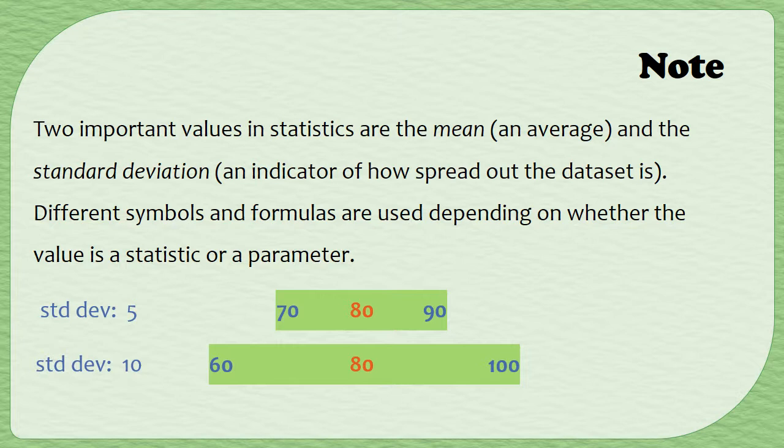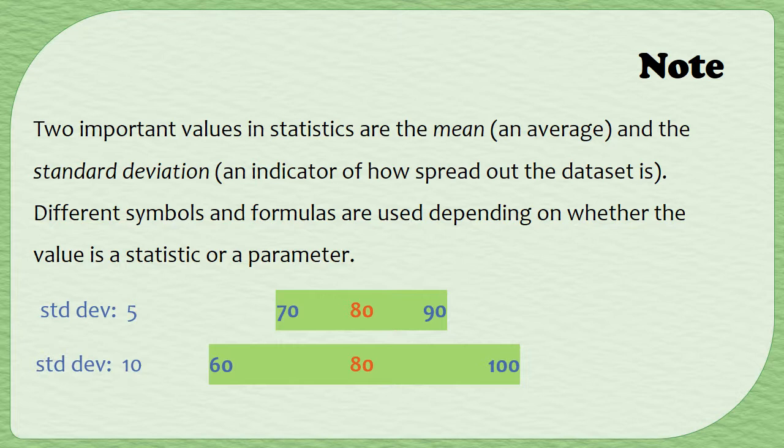And when we look at these measures in the future, we're going to be looking at the formulas, and one of the downsides is that the formula will be different for standard deviation if we're looking at a sample or for a population. So the reason I'm bringing this up now is because when we talk about statistics and parameters, that's going to be really important because it's going to tell us which formula do we use.